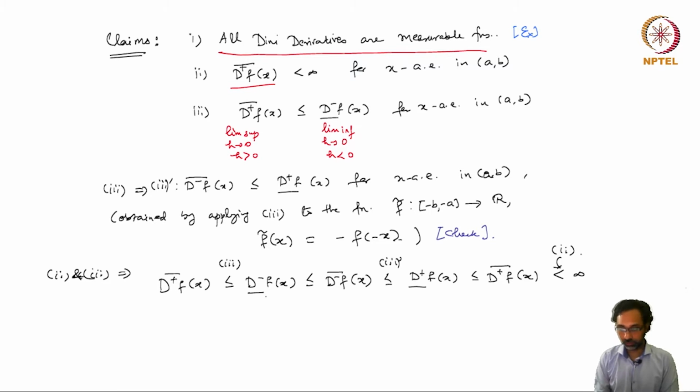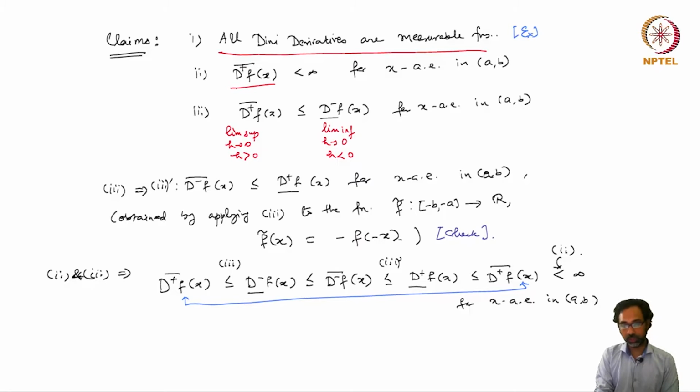So we see that we have a chain of inequalities where the left one and the right one coincide, and so all of these are equal. This holds for x almost everywhere in AB, and this will give us the result.